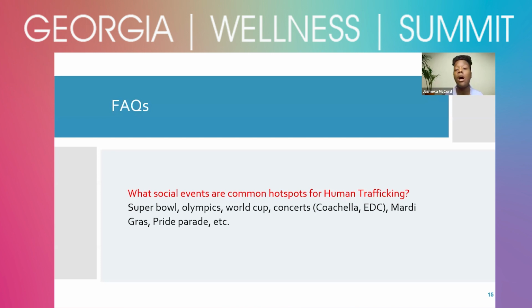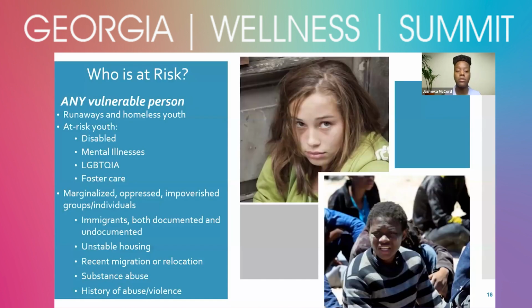Olympics or World Cups, concerts such as Coachella, Mardi Gras, Pride Parade, any type of event that recruits a lot of people to an area is going to be a common social area for human trafficking.